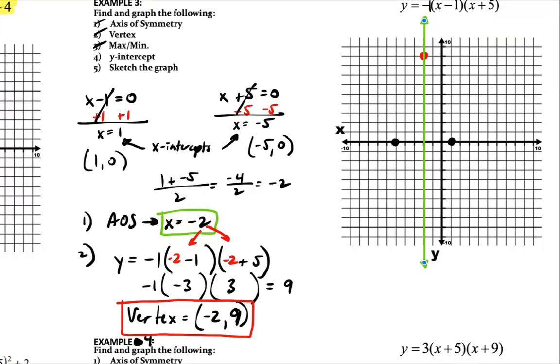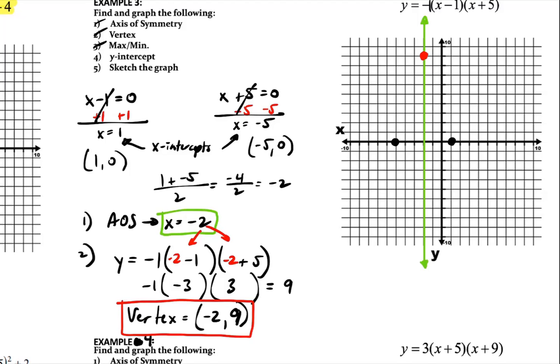First of all, is that red dot, this red dot up here, going to be a maximum or a minimum? It's going to be a maximum. How do I know?